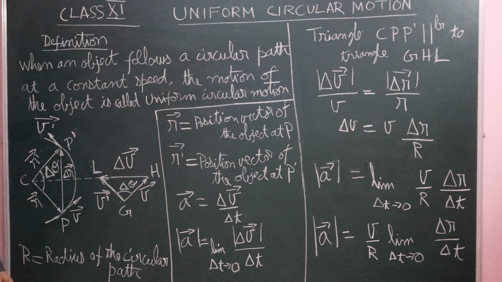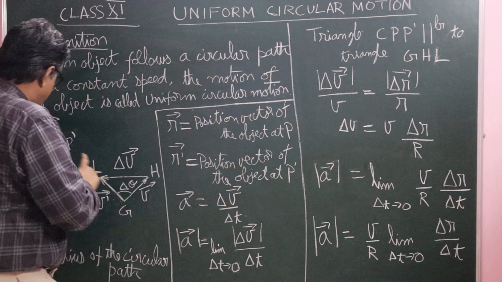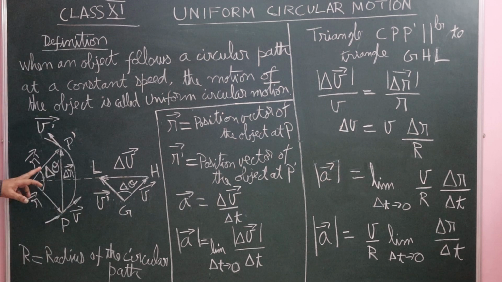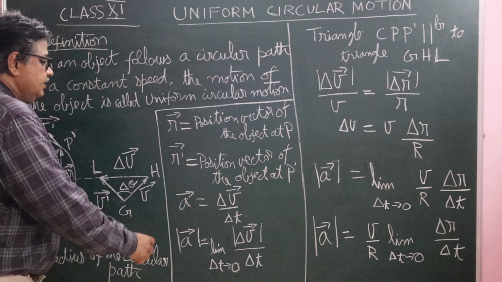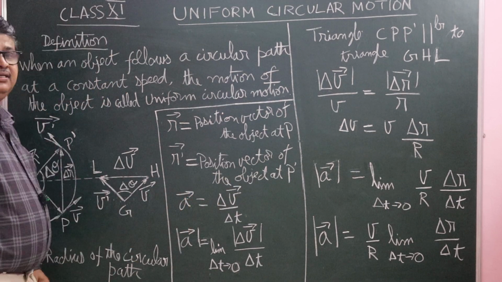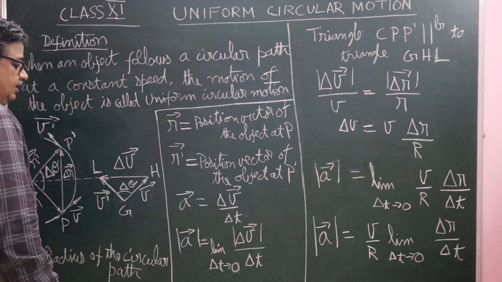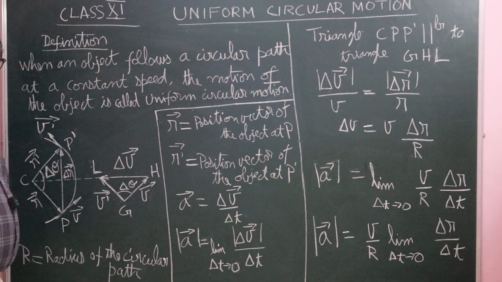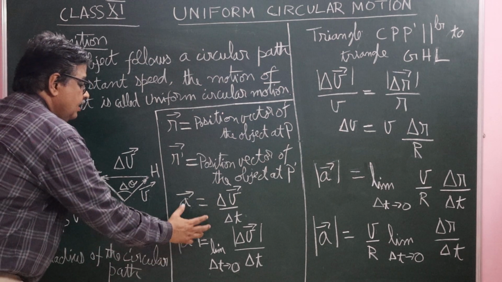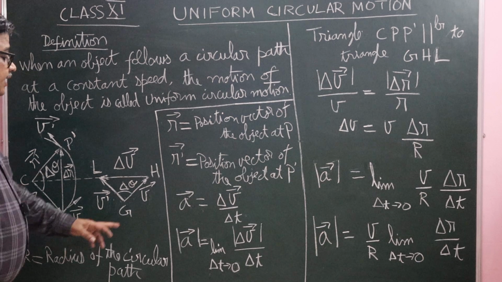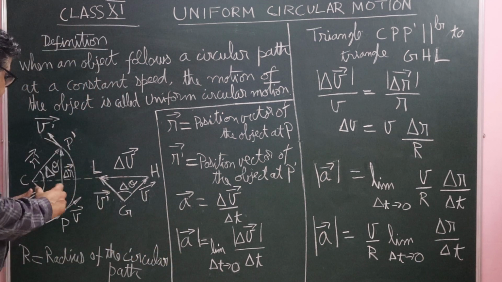Here R vector is the position vector of the object at point P, and R dash vector is the position vector of the object at point P dash. Therefore, average acceleration A vector is equal to del V vector divided by del T. Then for instantaneous acceleration, del T tends to 0 because del T is very small.